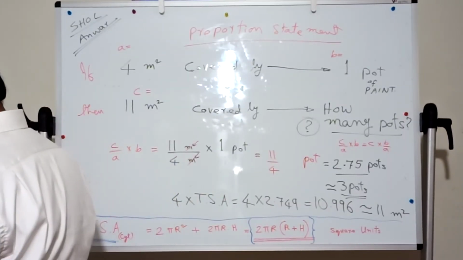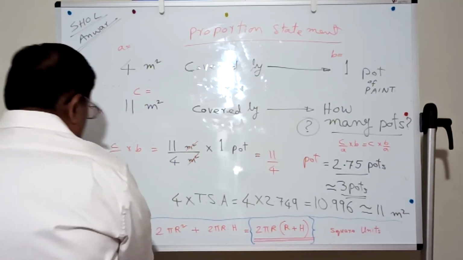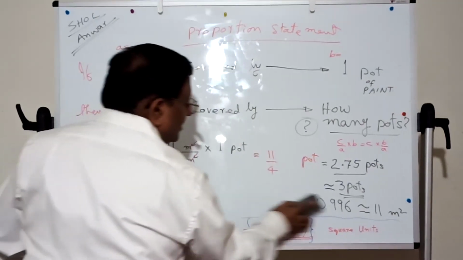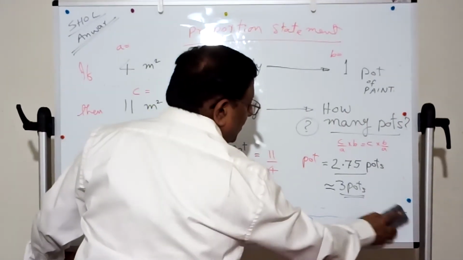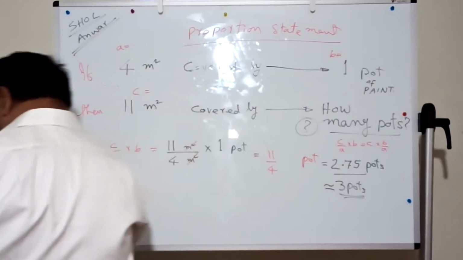So 3 parts of paint are needed, and that is what you have to show clearly. Finally, the answer is 3 parts you need to buy from the market.